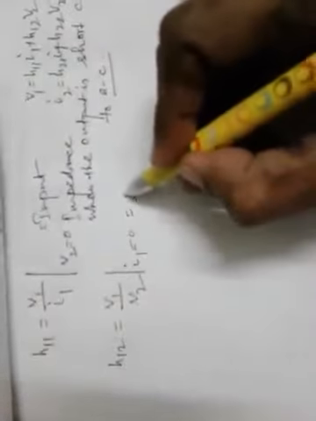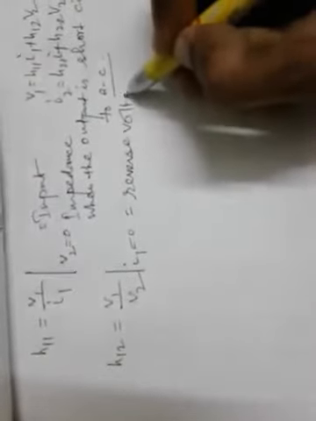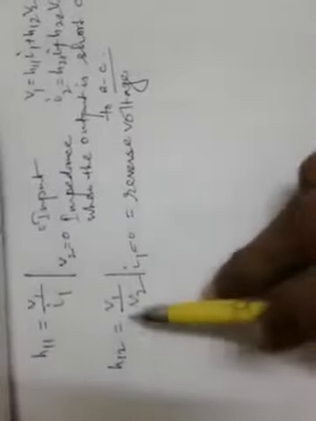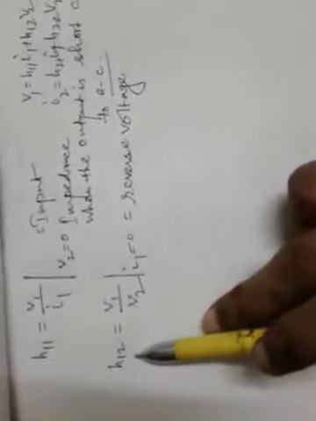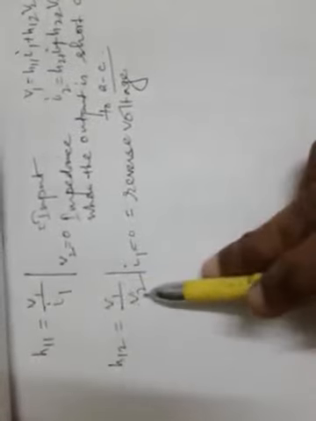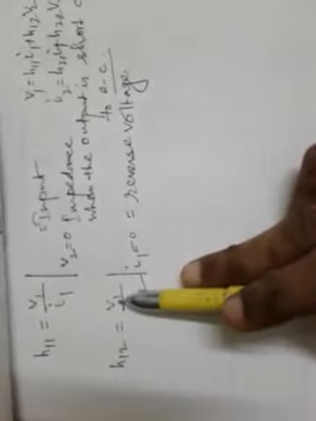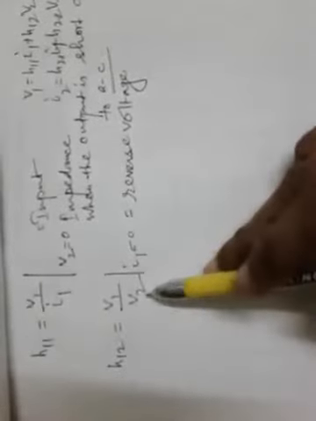This is called reverse voltage. Why reverse voltage? Generally our direction of operation is from input to output, but here we are getting a parameter where the direction of operation is from output to input. We give something at the output as V2 and we get something at the input as V1. That means it is in the reverse direction of normal convention. That's why it is the reverse voltage ratio.